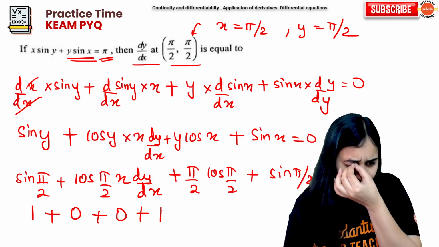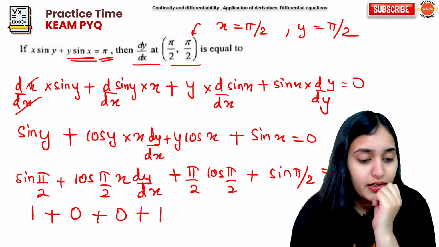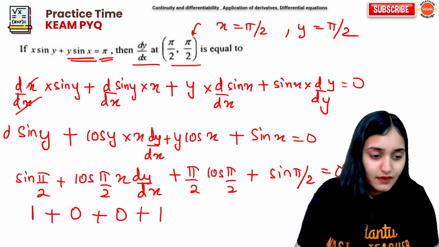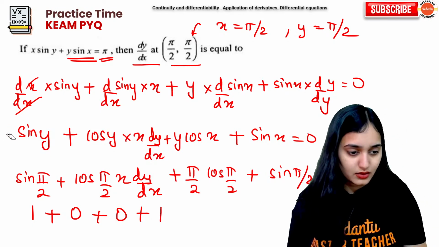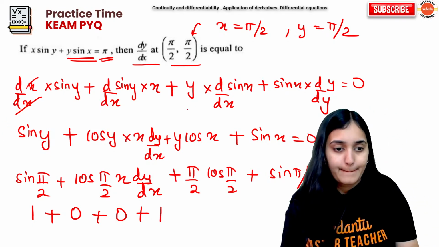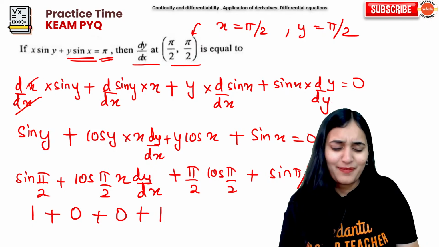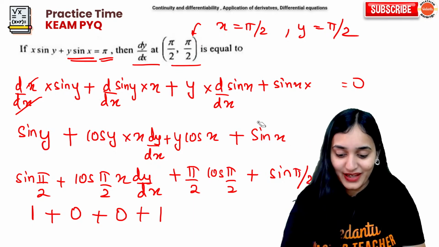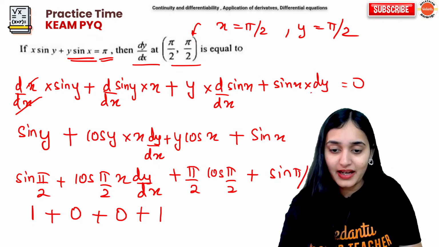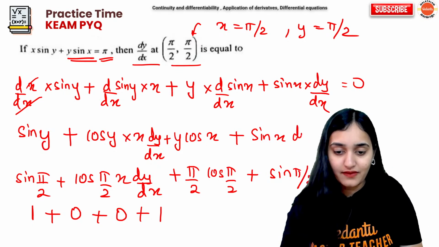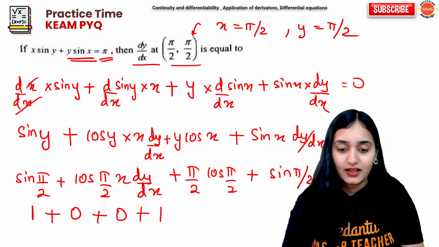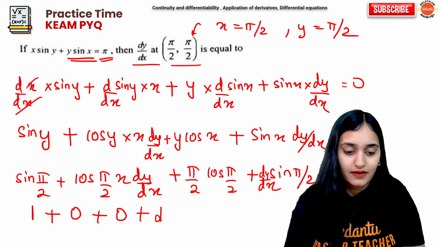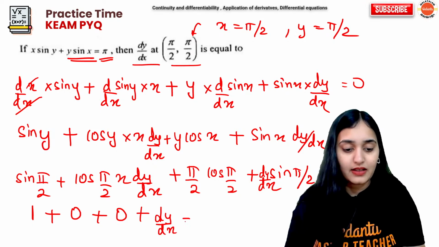And am I missing somewhere? Dy by dx is missing. Oh, my bad, I'm so sorry. This is dy by dx, dy by dx, dy by dx, and here dy by dx is equal to 0.